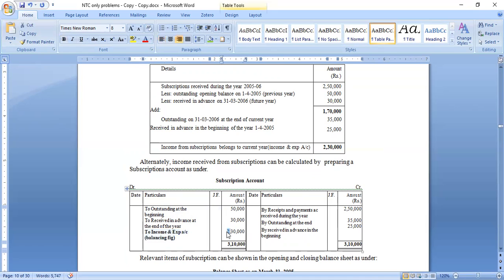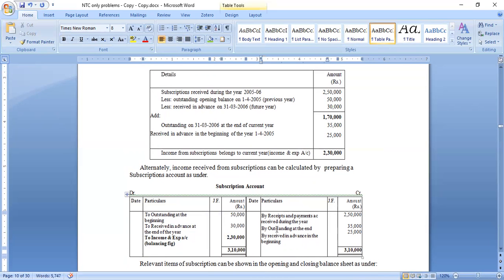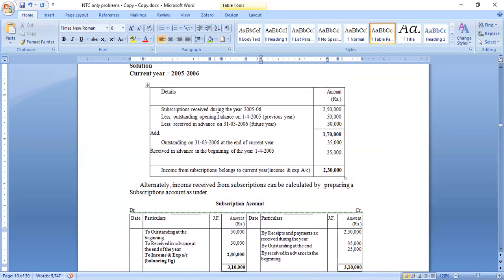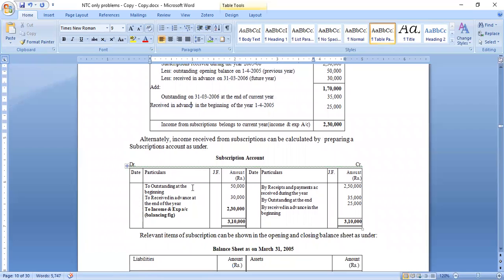So this is how we have to prepare the account. To make it simple, I just mentioned the deductible items in the beginning and additions later. But at the time of preparation of a subscription account, I mention it in a different way.